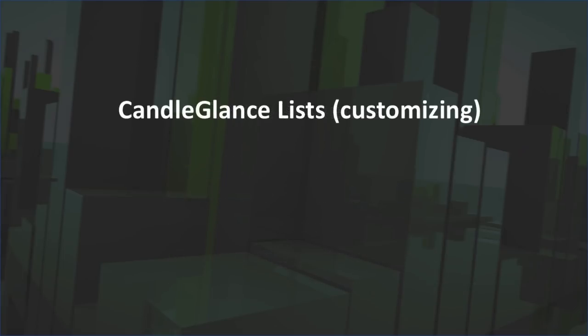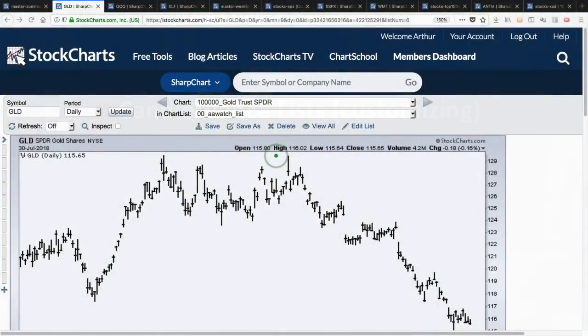So CandleGlance list, how can we view and customize these? I have a CandleGlance list that I use to check the market throughout the day so I can get an overview of what's happening quite quickly and see a chart because I'm most interested in the price chart. And so this list is called Watch List. And if you want to see what's on it, you can click that drop down at the top.